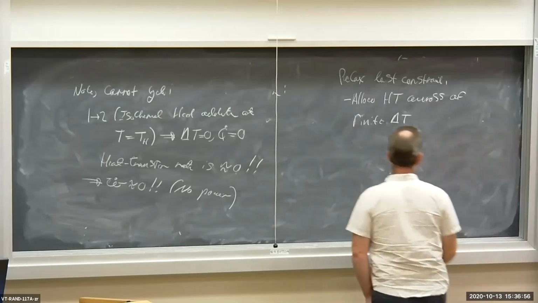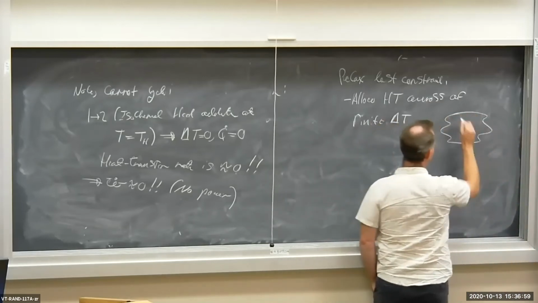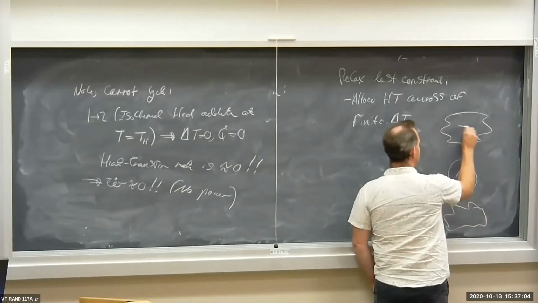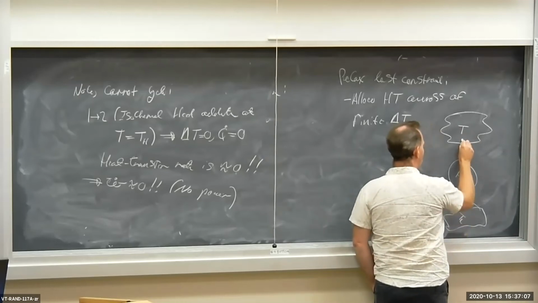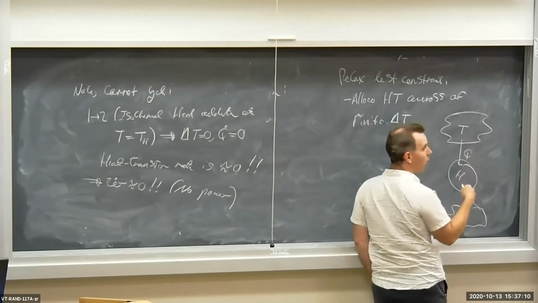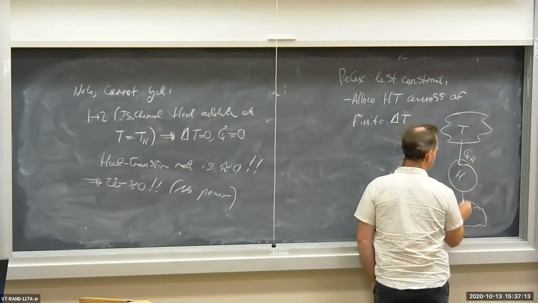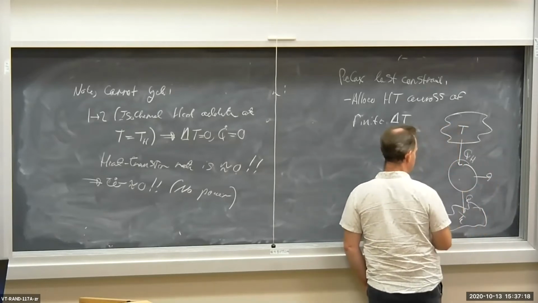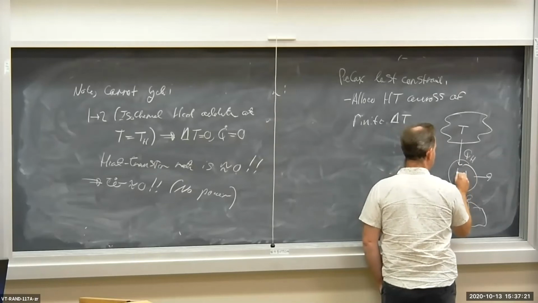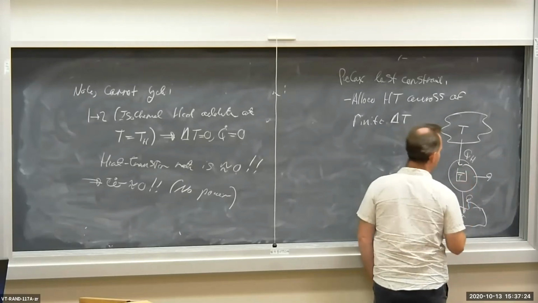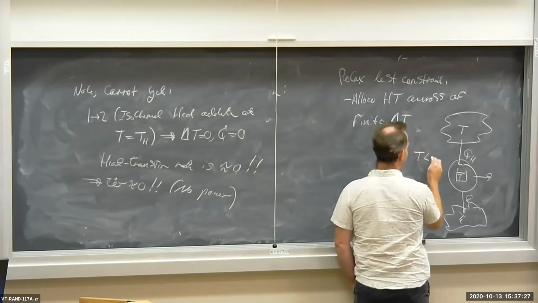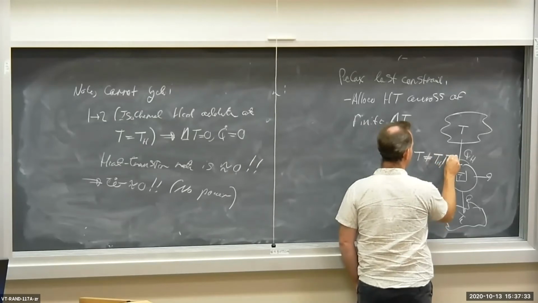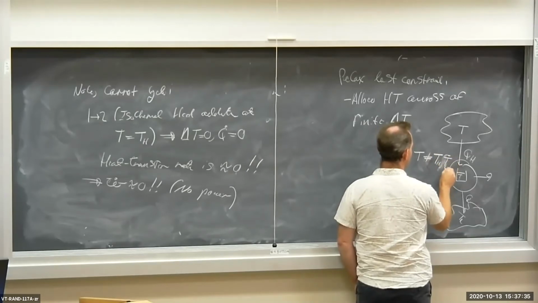Okay? We're going to allow our heat engine, which interacts between some temperature limits. So here's our heat engine. Here's T high and here's T low. We're going to allow it to receive heat or reject heat, where the working fluid is at some temperature T, where T is not equal to T high or T low.